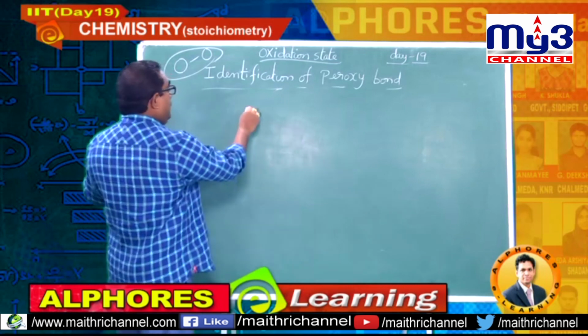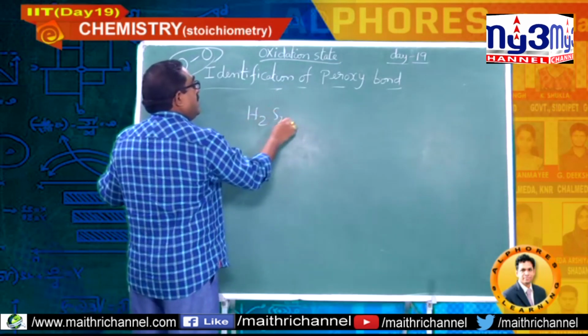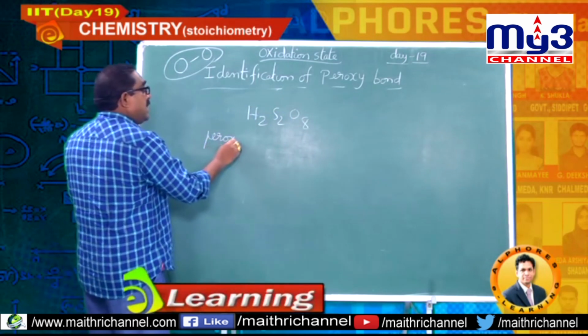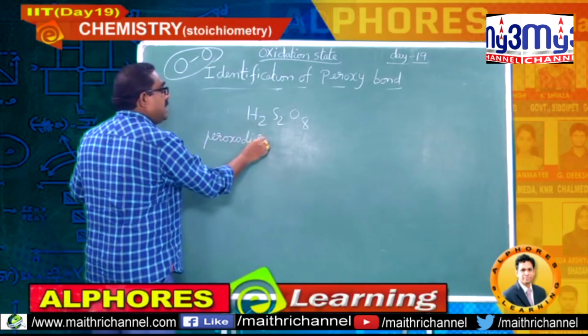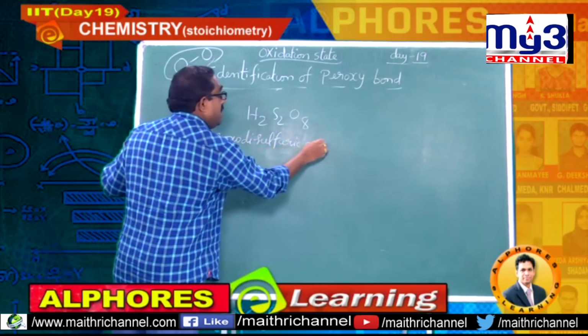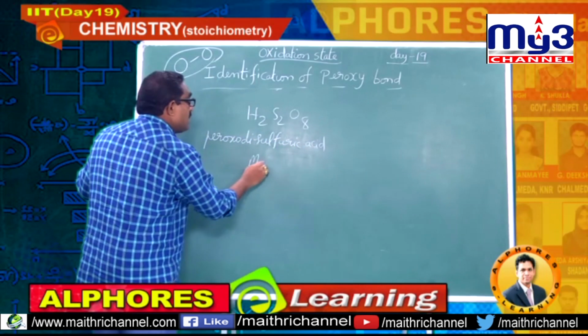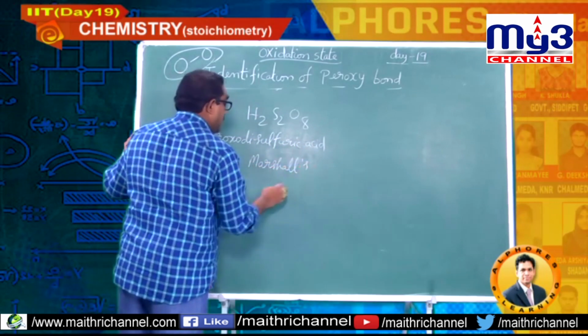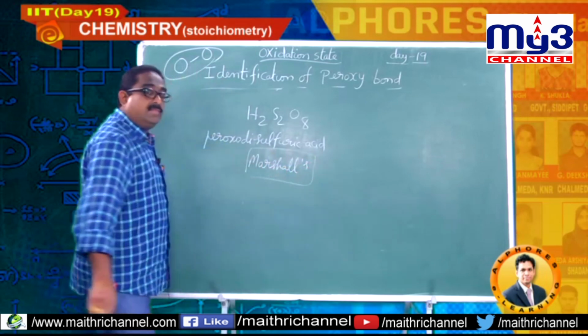Next compound, H2S2O8, peroxodisulfuric acid, or simply perdisulfuric acid, named after a scientist, Marshall's acid.